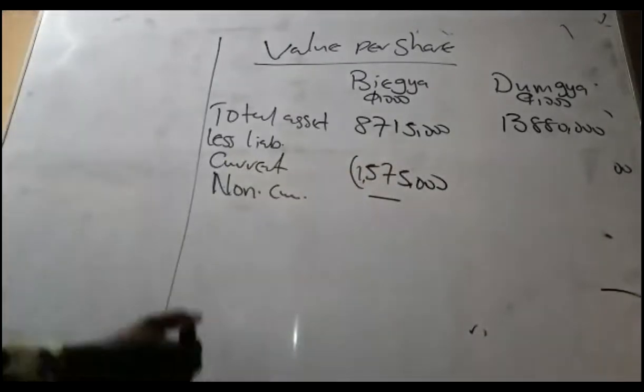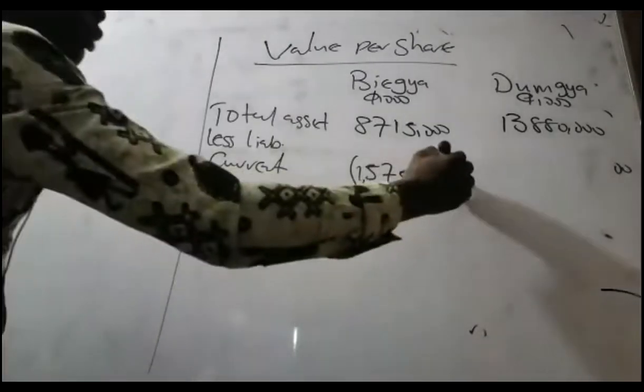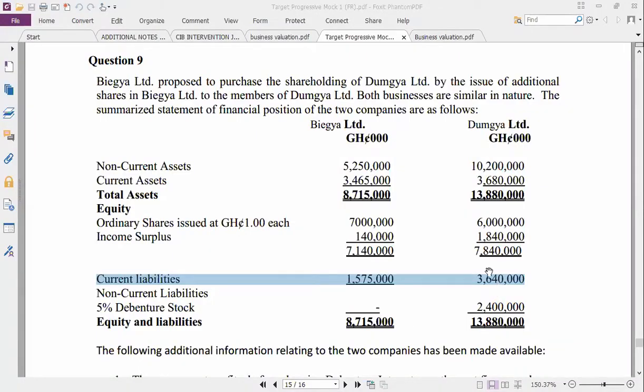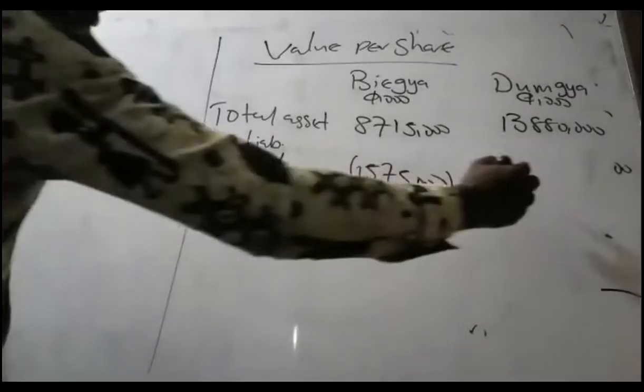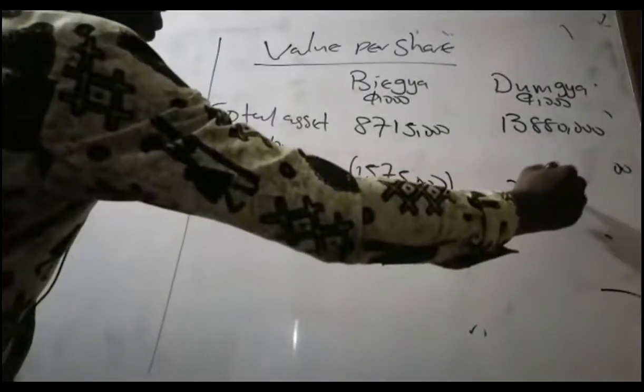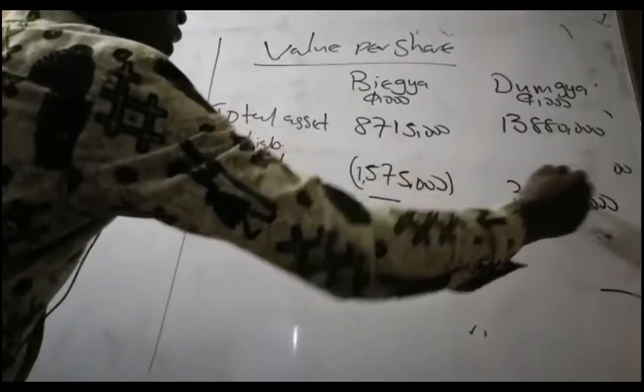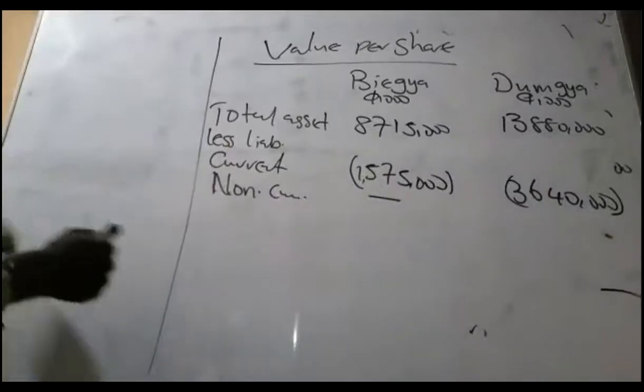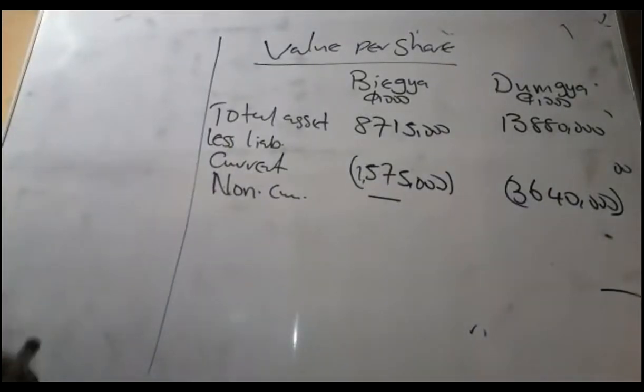Don't forget, put it in brackets. Let's go to Dumja. Dumja is 3,640. Then the non-current liability, that's the debenture.